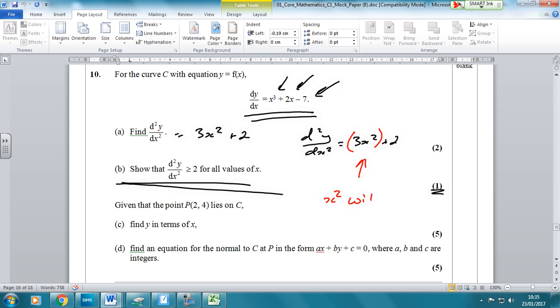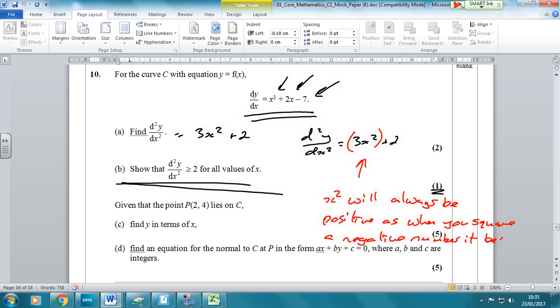x squared will always be positive, as when you square a negative number, it becomes positive.